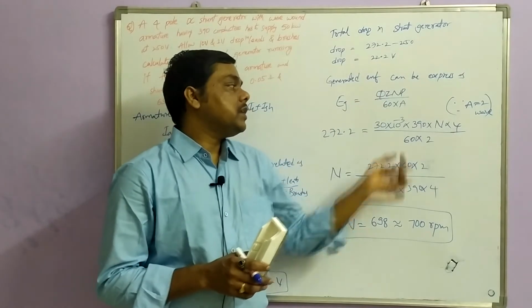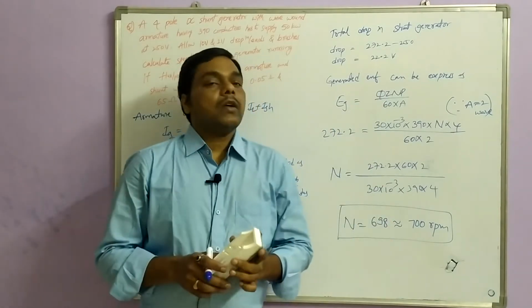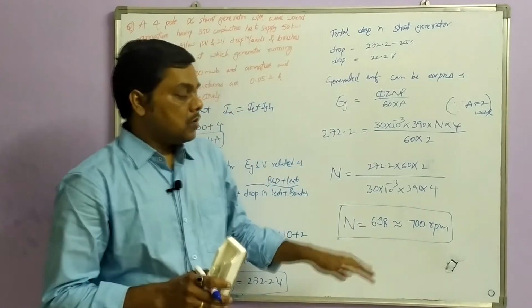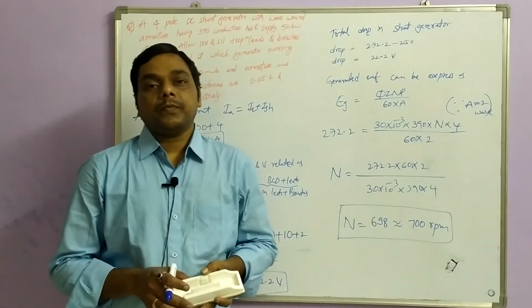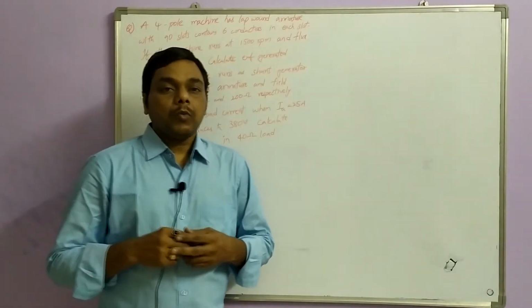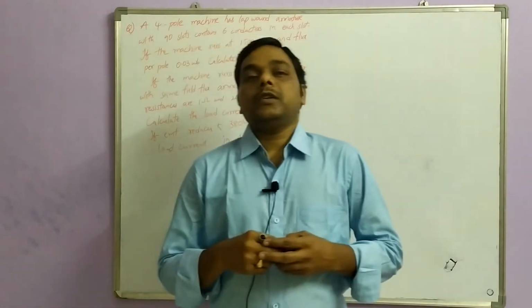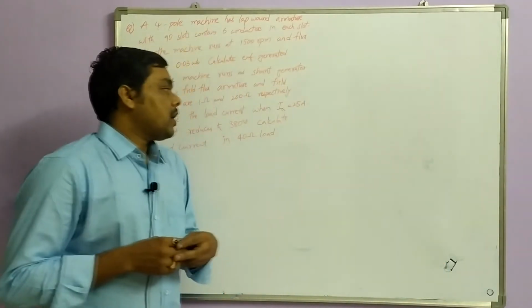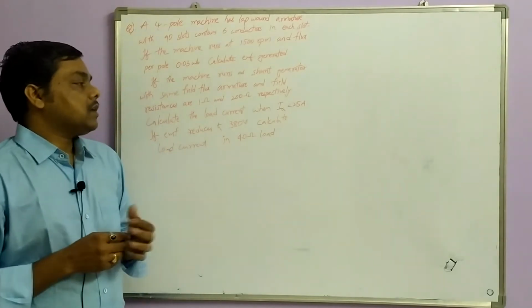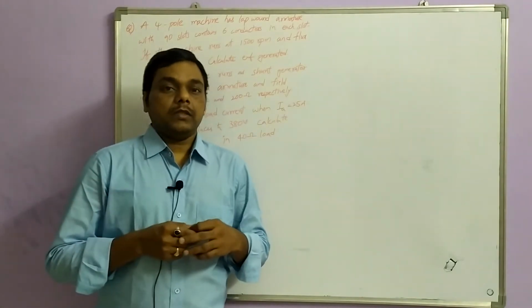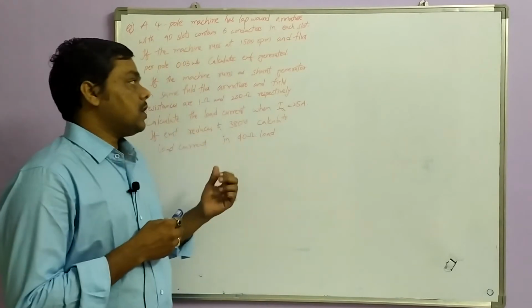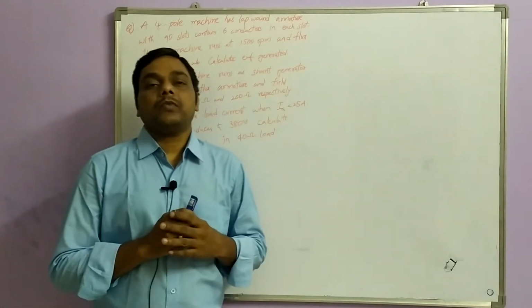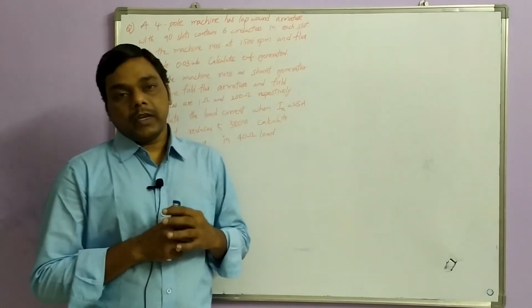Then it is easily determined, and we can also better understand these solutions. Now we have one more problem on shunt generator with different parameters that we have to calculate in both cases. Now we will see that and how it is going to be simplified in an easy way.